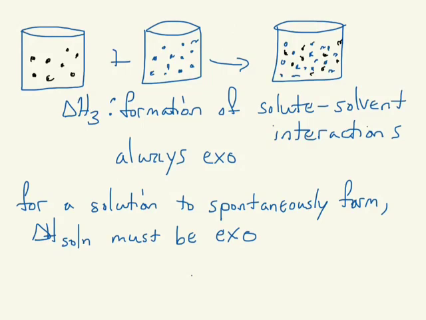And since delta H3 is the only value that's going to be negative, your delta H3 better be a large enough negative value to overcome the two positive values, delta H1 and delta H2. If that happens, then your solution will form spontaneously.